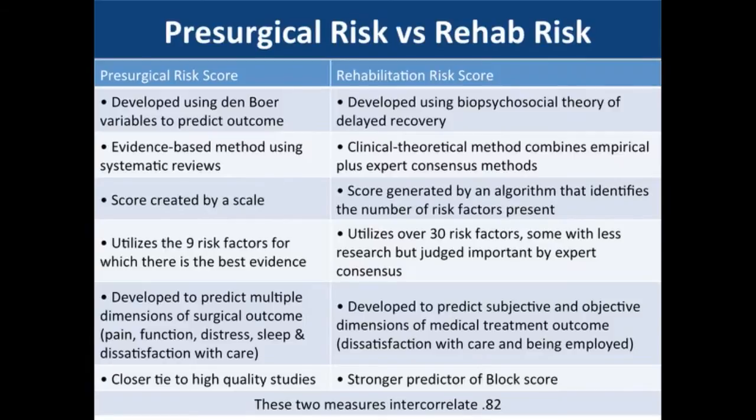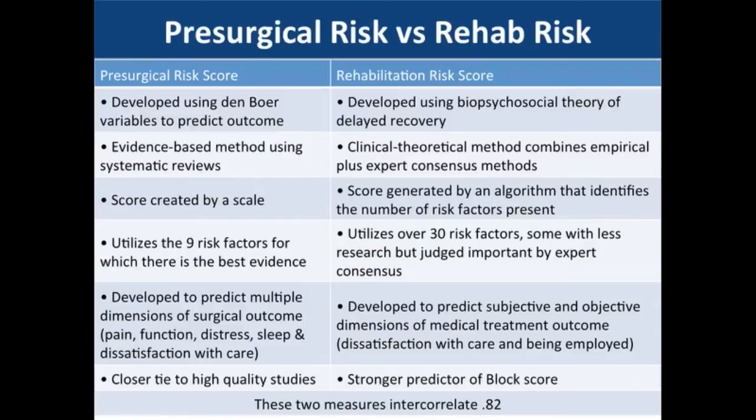But pre-surgical risk and rehab risk, even though they used very different methods, still correlated 0.82, which is, I think, evidence of convergent validity when you have two measures developed different ways that still end up producing predictions that intercorrelate pretty highly.